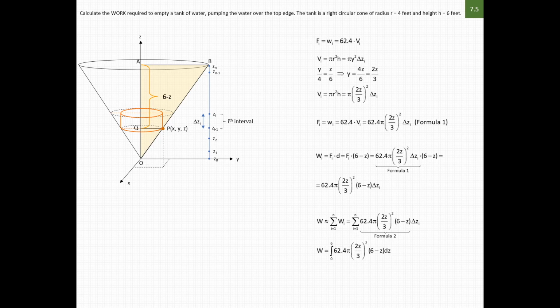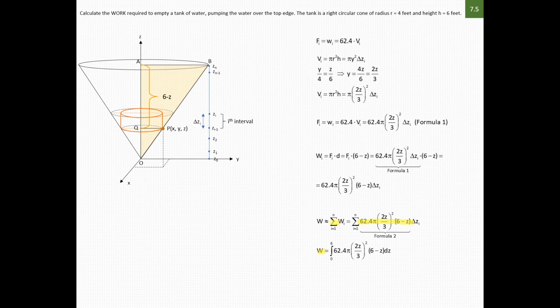Total work required to empty the tank is approximated by the sum of the works on each of the n intervals of partition delta. This is a Riemann sum, and if the limit of that Riemann sum exists, then the work can be expressed as a definite integral from 0 to 6.